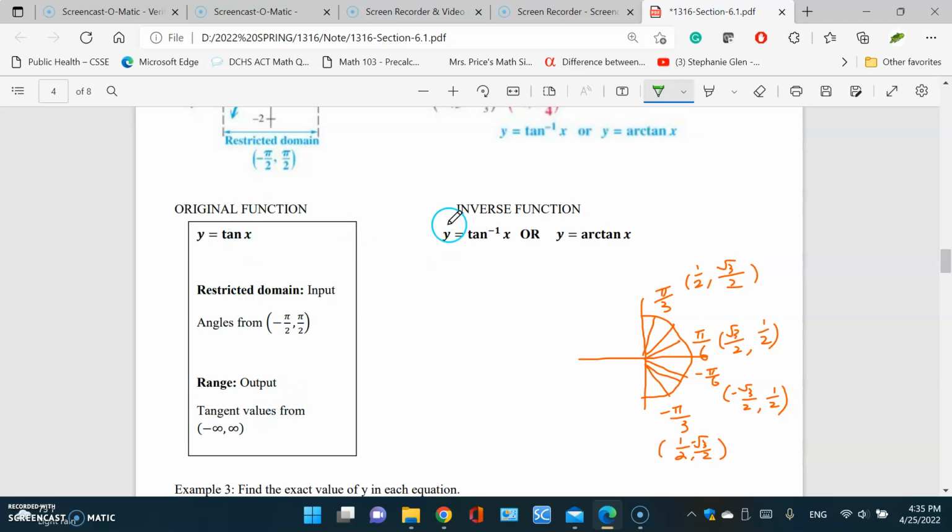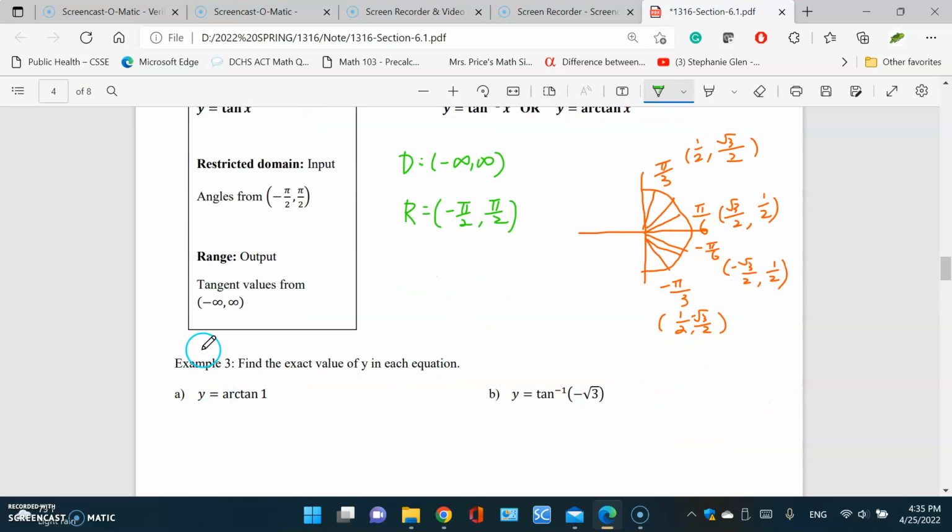So when it comes to the inverse of the tangent, the domain will be all real numbers, and the range of the inverse tangent is between negative pi over 2, comma, pi over 2. So tangent is pretty much the same graph as your inverse of the sine function.